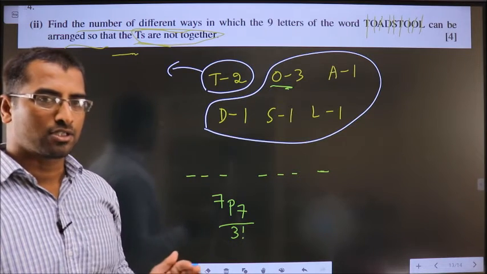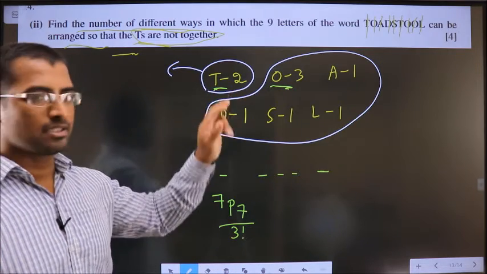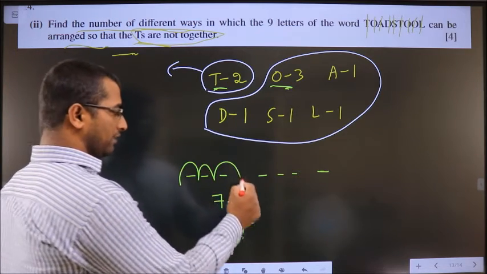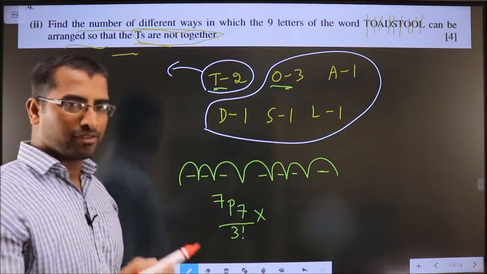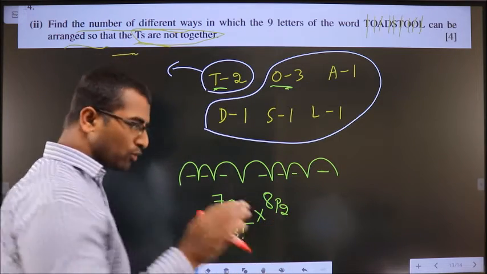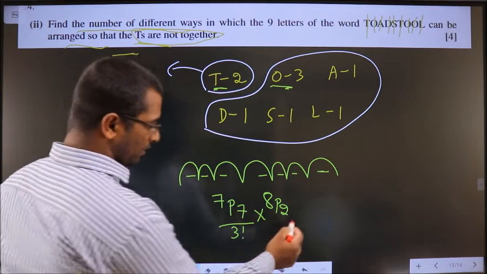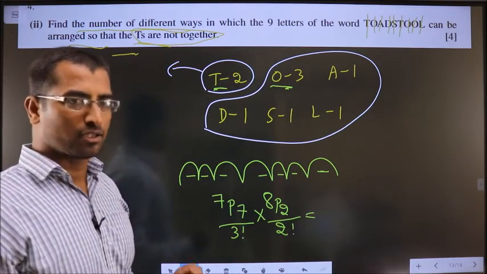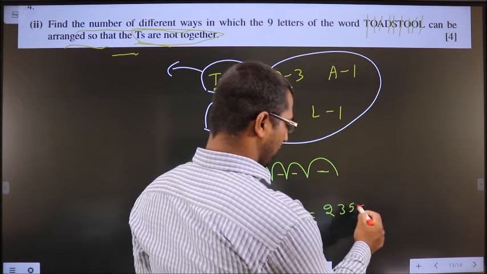Now, I should see in between how many places do I have for the 2 letters T. So, count 1, 2, 3, 4, 5, 6, 7, 8. So, in between I have 8 places for the 2 letters T. So, 8P2. More, these 2 letters T are also identical. So, divide by 2 factorial. Put this in the calculator, you get the answer to be 23520.